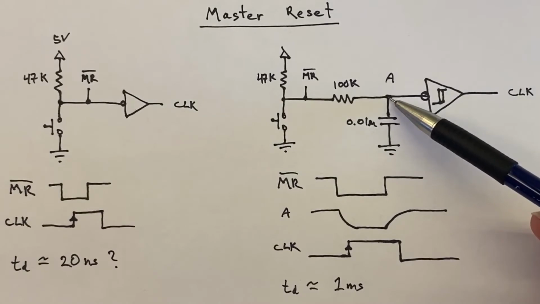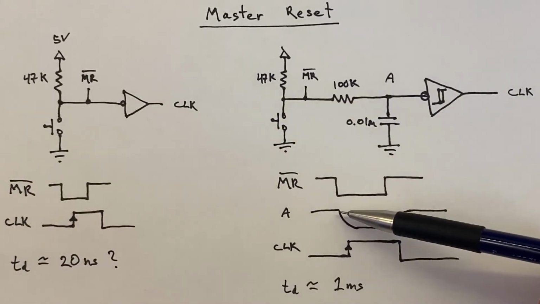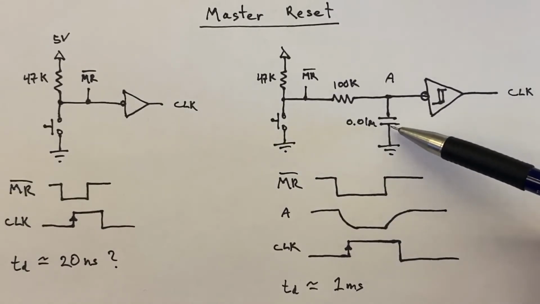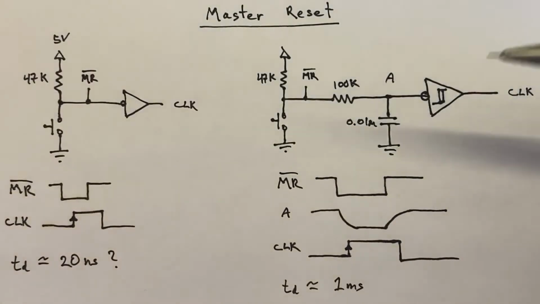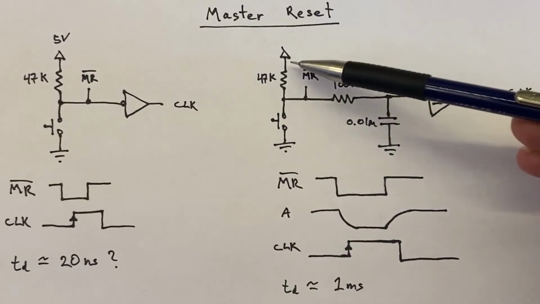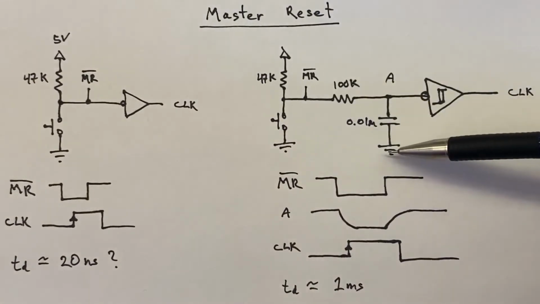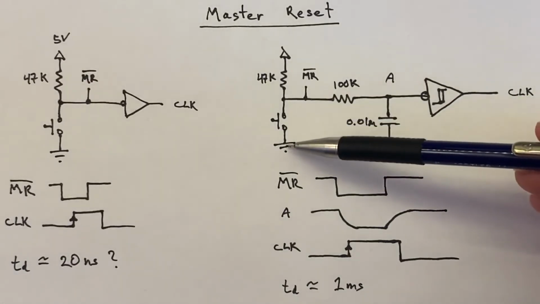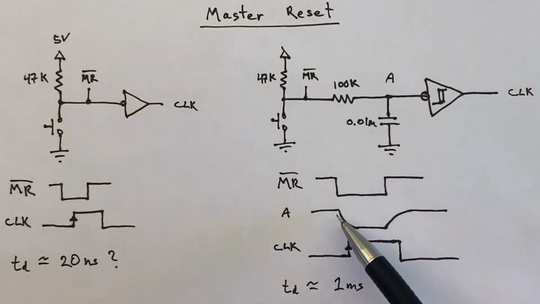Right here at node A, it's going to follow that master reset pin and slowly go down, because the capacitor is going to be discharging. When the button is open, the capacitor will be charged up to 5 volts, and then when it's pushed down, it's going to discharge through that 100K resistor to ground, and so we'll get a nice slow drop in our voltage.